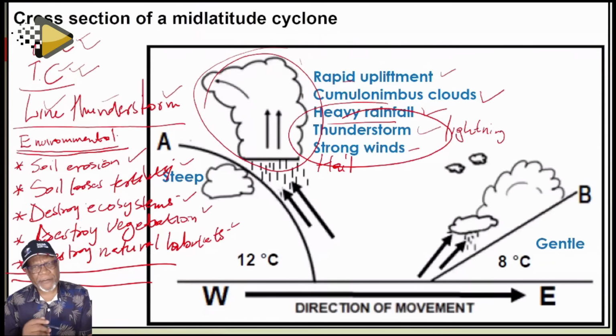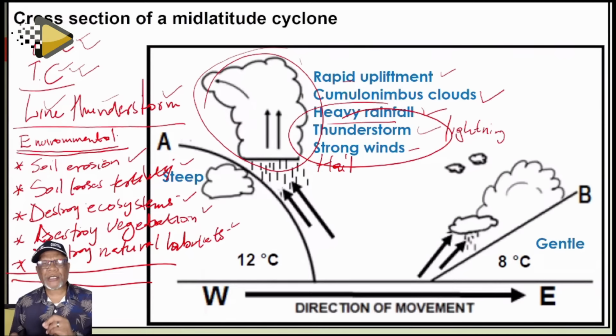So you must be careful, read what the question wants. If the question wants physical environment, you must give physical environment. If the question is open and it says coastal environment, then you give coastal environment. But you must also be careful. Is the question saying impacts, or is it saying negative impacts?